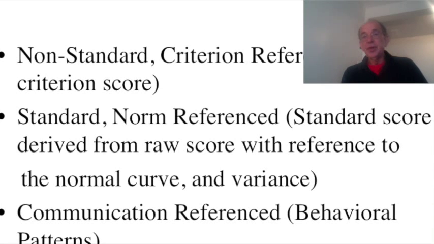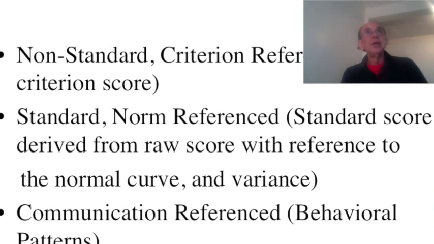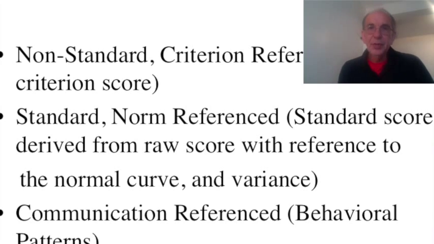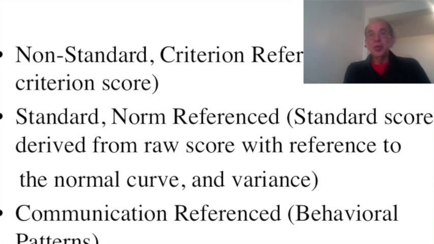That's criterion referenced. Now, other examples of criterion referenced scoring are the kinds of assessment you do when you're writing goals and assessing whether or not a child has achieved the goals of treatment. And usually you write your goals to include a criterion. The criterion is a score of some sort, a number of some sort.